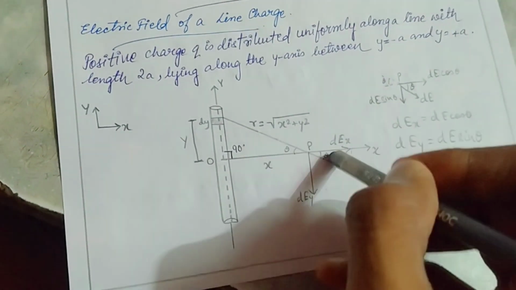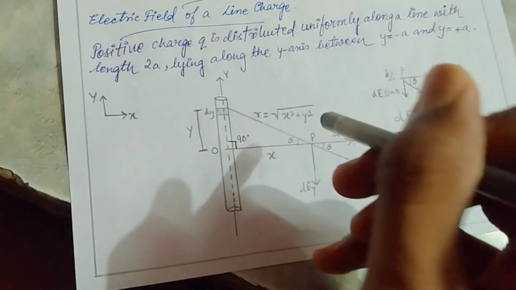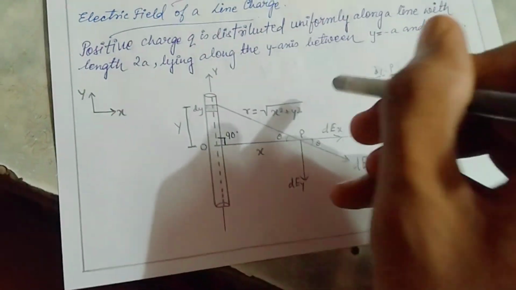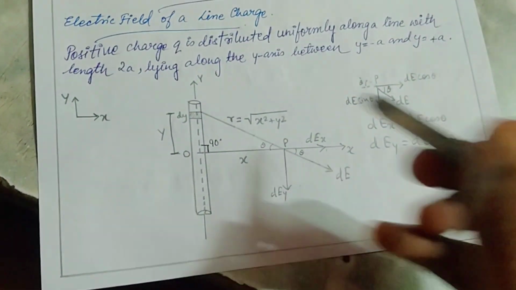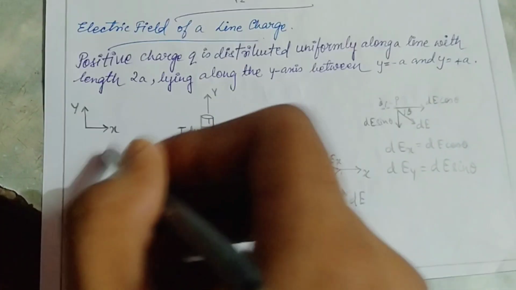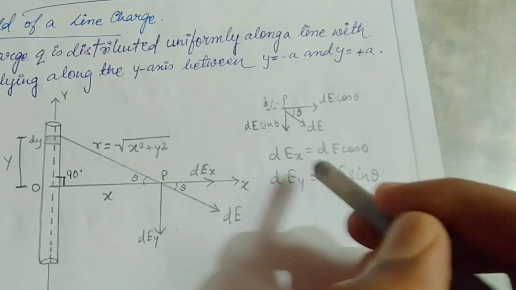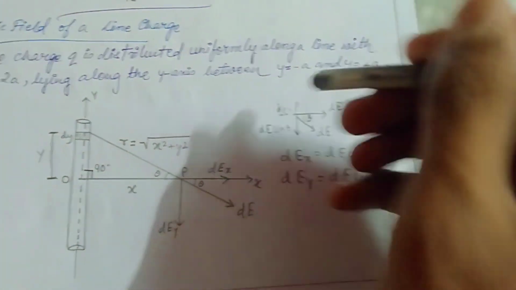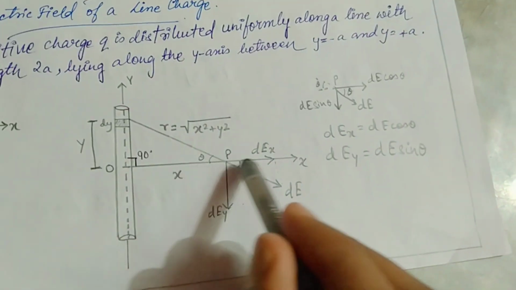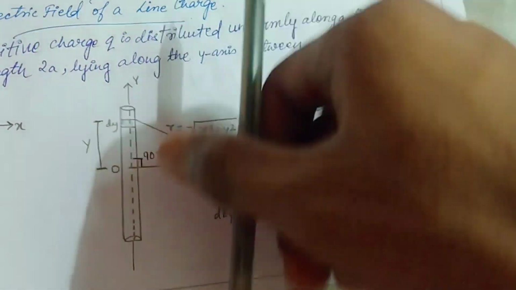This is the angle formed, a vertically opposite angle, at point P, with dEx and dEy. We took out the coordinates which we have decided, and here dEx is equal to dE cos theta. This is the base, and this is the perpendicular.